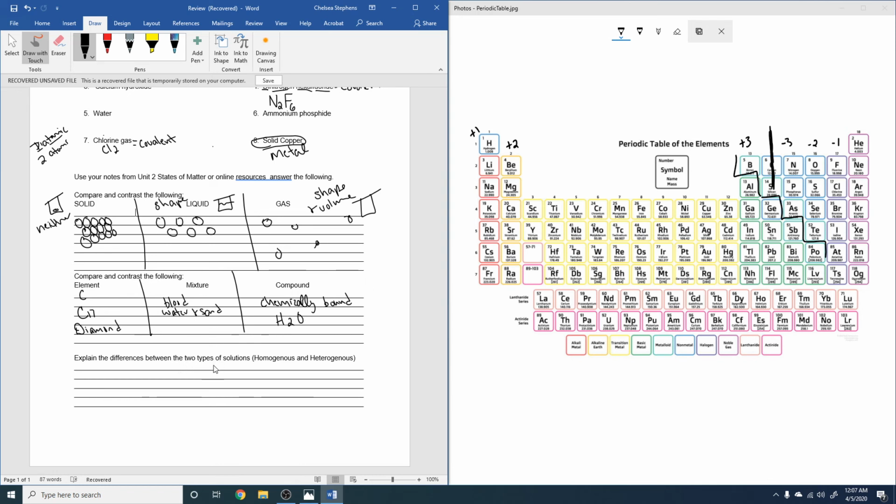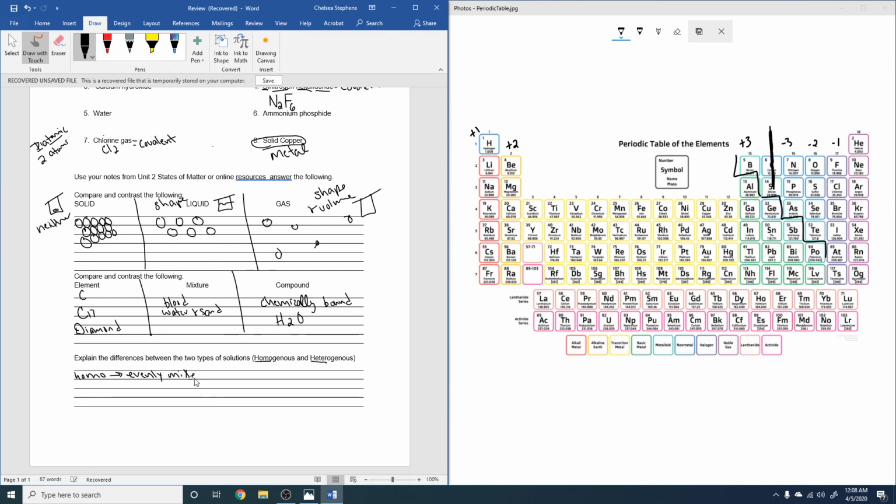Okay, last part. So if we're talking about types of solutions, this is old stuff, okay? Like beginning of first semester stuff. So homo means same, hetero means different. So whenever we talk about types of solutions, when we say homo, we mean evenly mixed. So it's the same throughout.